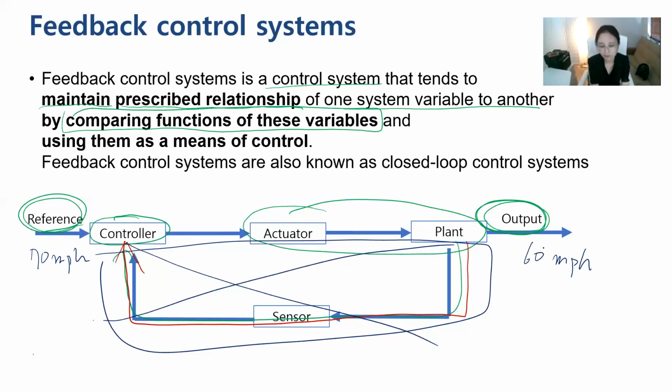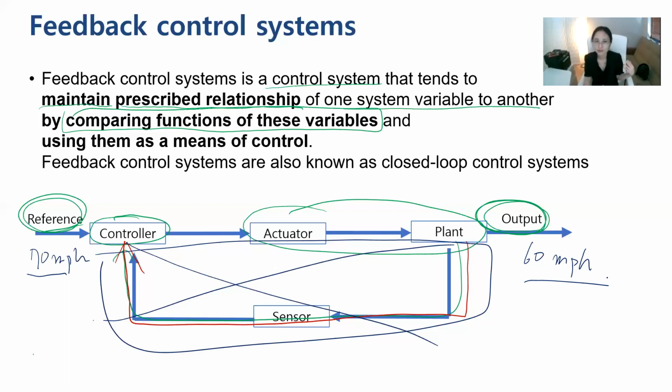Then compare this reference to the output. And because it is slower, the controller commands the actuator, please provide more power. So then the actuator provides more power to the plant. So therefore, the plant, which is your car, can achieve 70 miles per hour.